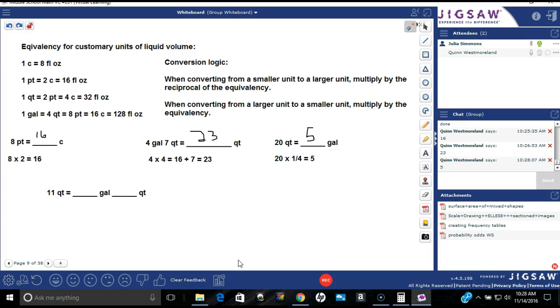So what would that answer be? 2 gallons and 3 quarts.